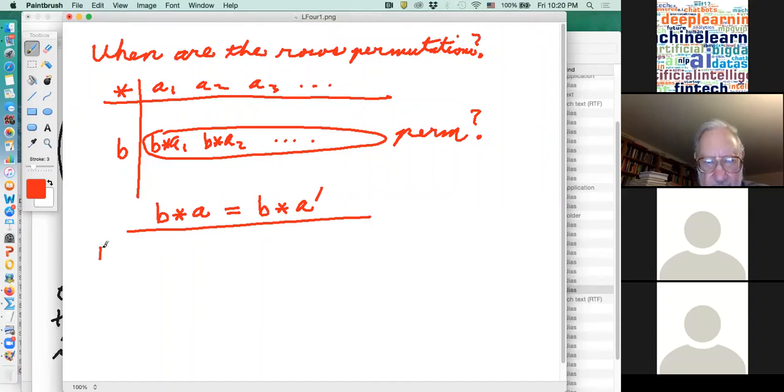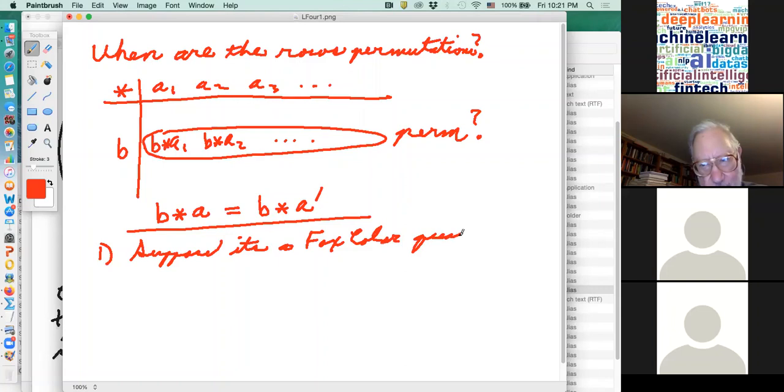So case 1, we can test on something simple. Let's suppose it's a Fox colored quandle, where A times B is 2B minus A. Then we would have 2A minus B equals 2A prime minus B. And that implies that 2A equals 2A prime.